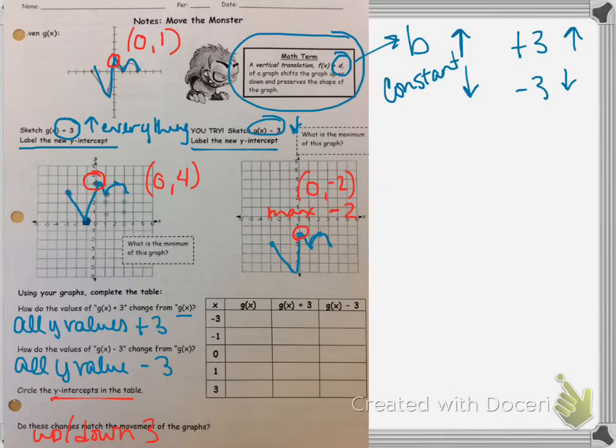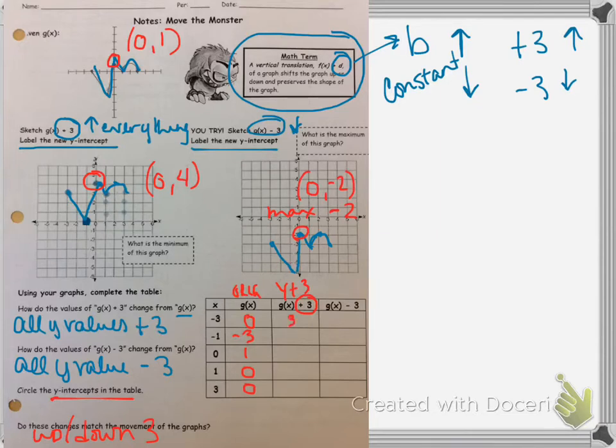We said -3, and this is our original, because it says g of x: -3, 0; -1, -3; 0, 1; 1, 0; and 3, 0. And remember, this means that our y's were +3. So if we look at what happened when we added 3, it's still at -3, but now it's at -3, +3.